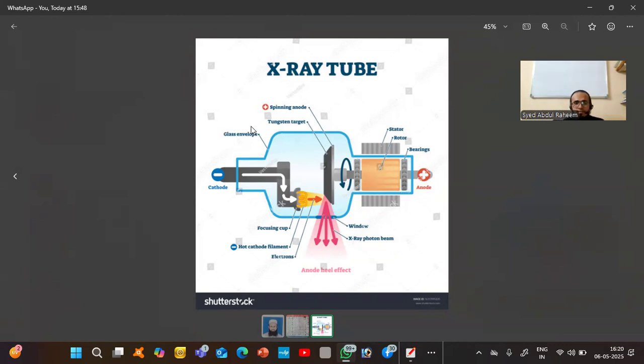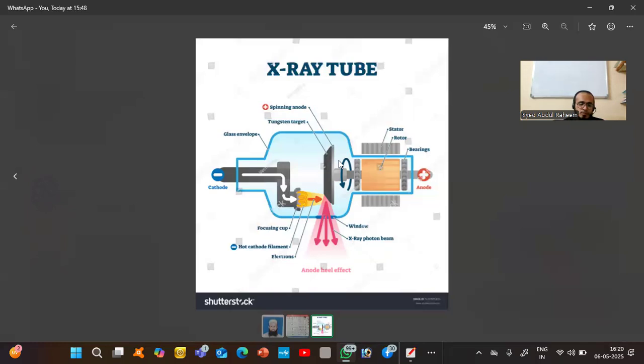So this is the glass envelope. This is the target area, and here you are getting the X-ray photon beam. So this is how the X-ray will come out from this X-ray tube.